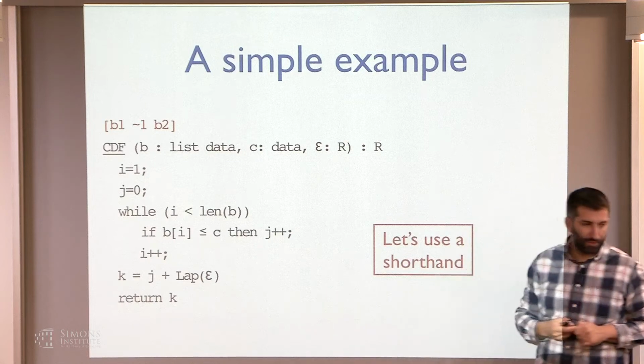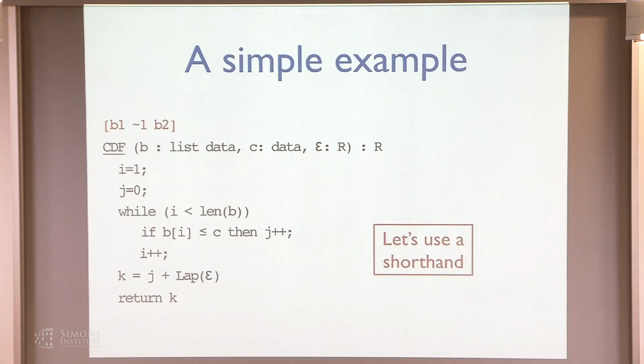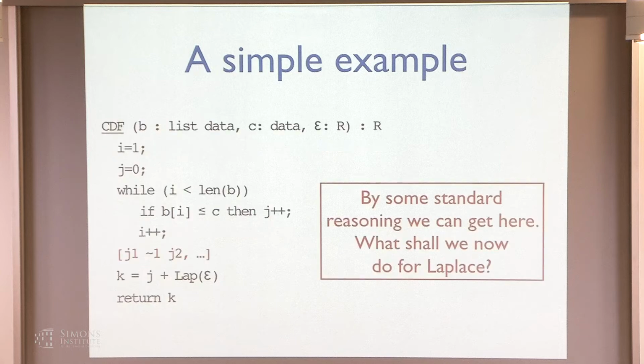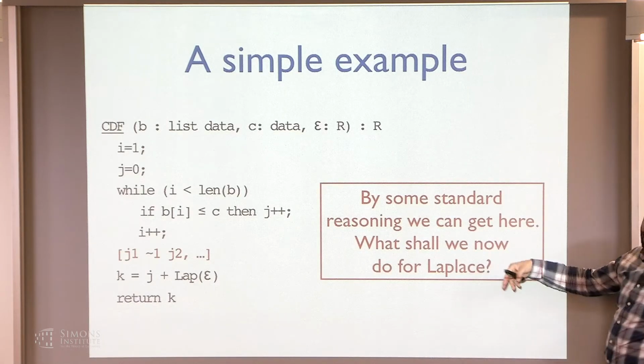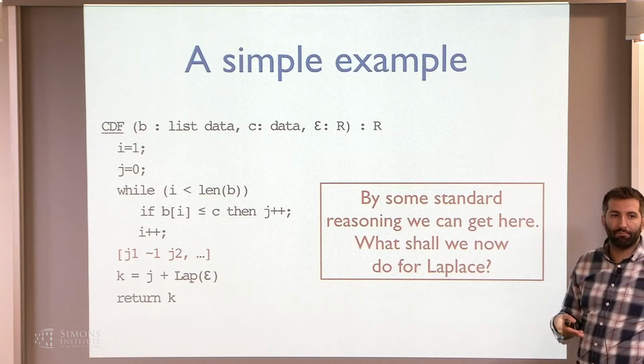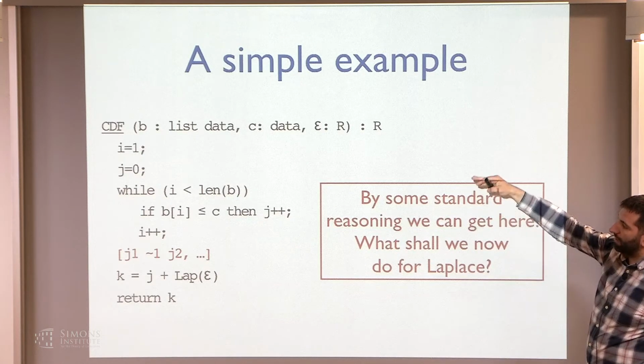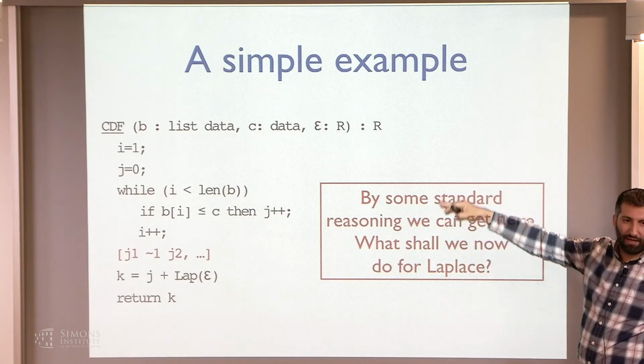Okay. Now, I had slides for doing this example completely, but then I realized I'm running out of time. So let's say that by some standard reasoning, like the one I showed you before in the example of add, we can do the non-probabilistic part.